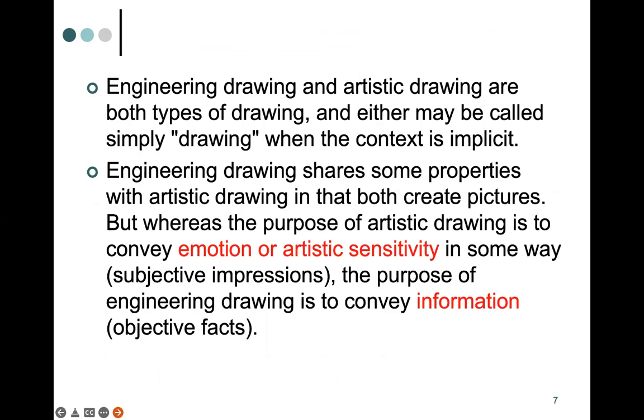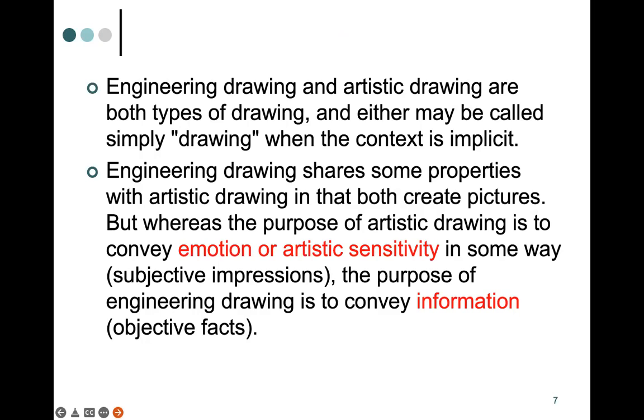So engineering drawing and artistic drawing are both types of drawing, and either may be called simply a drawing when the context is implicit. Engineering drawing also shares some properties with artistic drawing, in that both create pictures. We as chemical engineers should also have a sense of drawing, and when we draw something, it should be with some dimension.